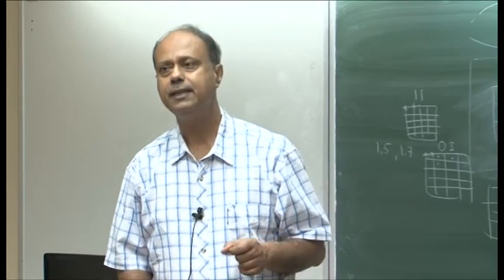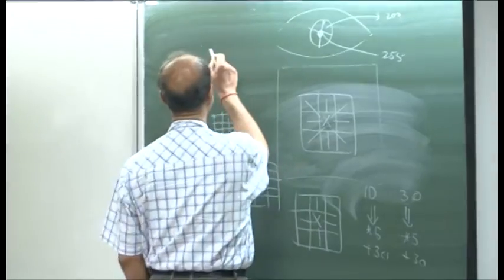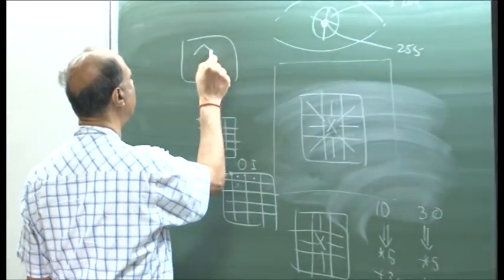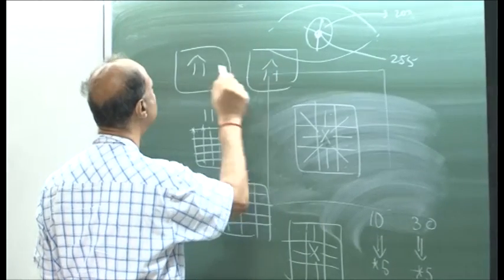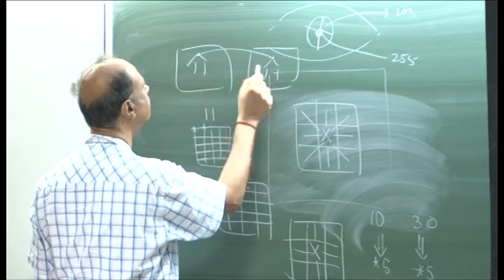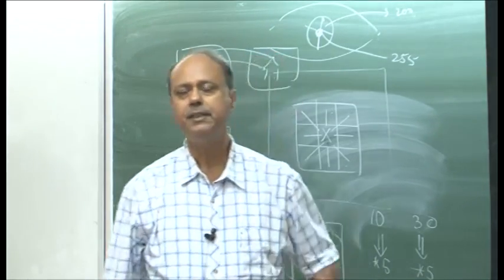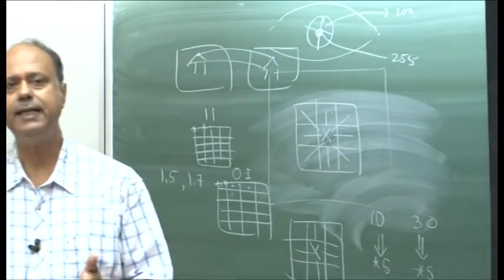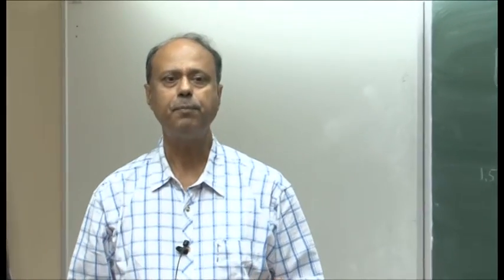What does that mean? Registered means that suppose in my image I have a house here, and in this image also I have a house. These pixel positions should be the same. If they are not registered, by adding you may not get a proper image.